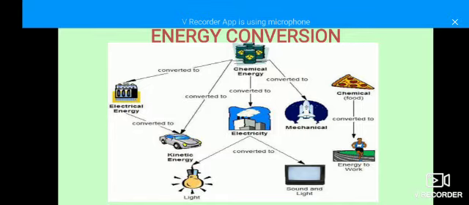The petrol in the car is chemical energy, and the moving car has kinetic energy. So that's chemical energy being converted to kinetic energy. So we have various forms of energy conversion. You can go through the diagram and go through your textbook to see more examples of energy conversion.